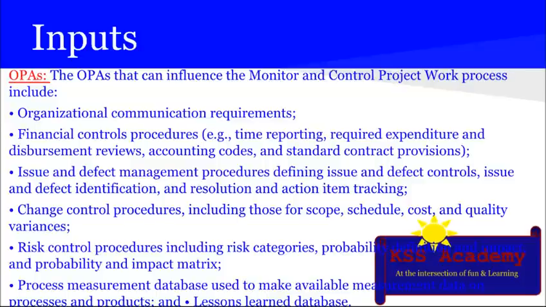Change control procedures including those for scope, schedule, cost, and quality variances. Risk control procedures including risk category and probability definition, and probability and impact matrix. Process measurement database used to make available measurement data on processes and products, and lessons learned database.